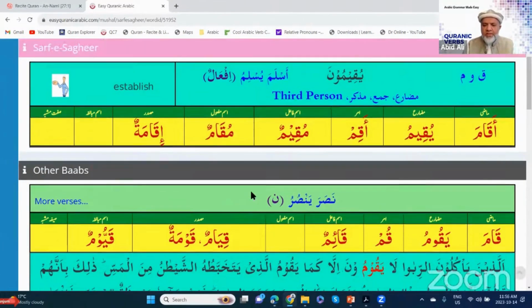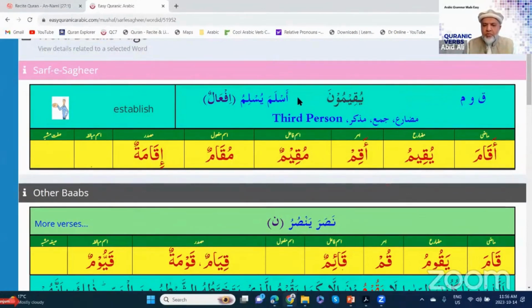So what is this? That is yuqimuna, and it is the family of If'al. You don't know that yet, but I'm just giving you a high-level view. So it's Aslama yuslimu. Whenever we have something like this, we know the root letters: Qaf, Waw, Mim. We know that every Arabic word has a root, and then we also have the pattern.